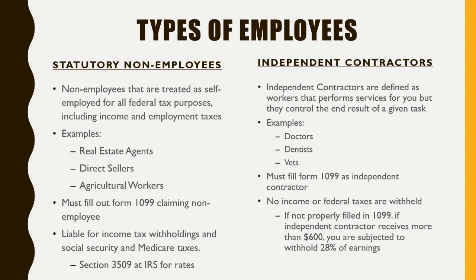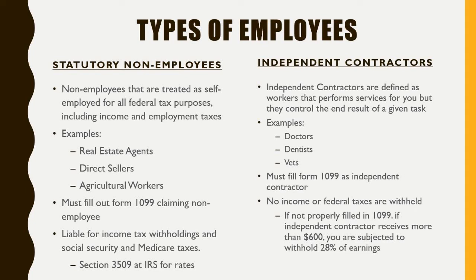Now, what about an independent contractor? Independent contractors are very, very similar to statutory non-employees. And here's the difference. When you have these individuals who work for the company, they are going to be determining the end result. So that's the difference between a statutory non-employee and the independent contractor.